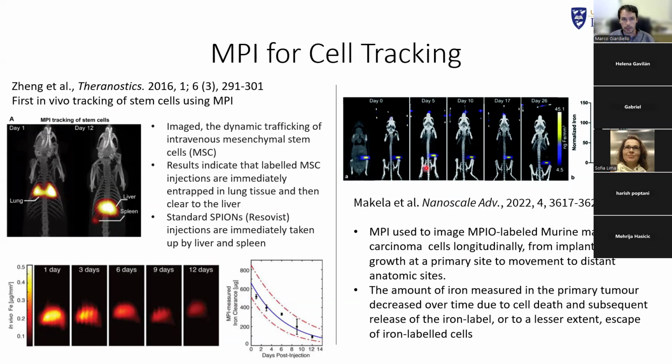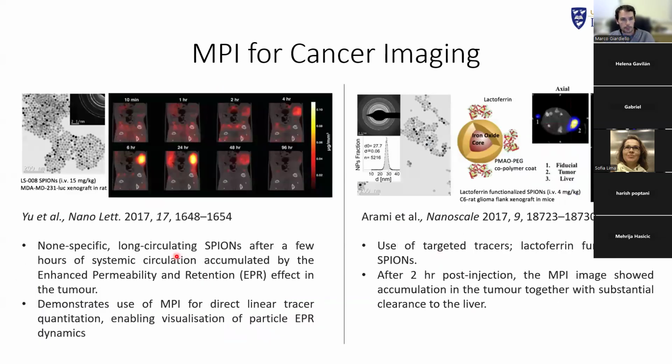So it's really useful. Cell tracking is probably, in my mind, one of the main things that MPI can be used for, because of its quantitative nature. It has its drawbacks, obviously, because resolution is still something people are working on, but it's very powerful in that way.